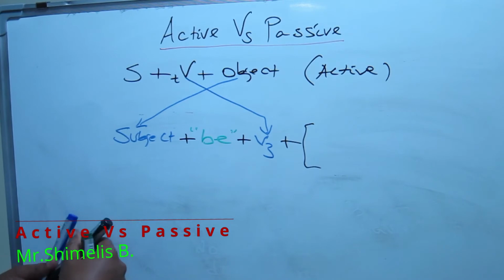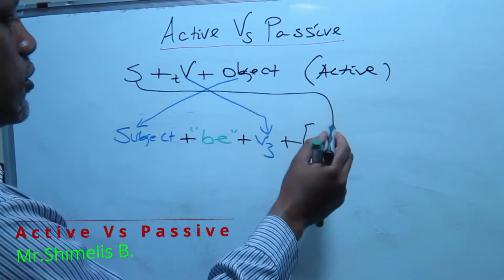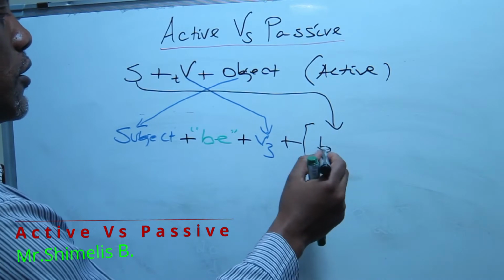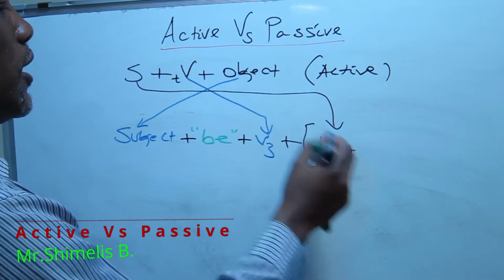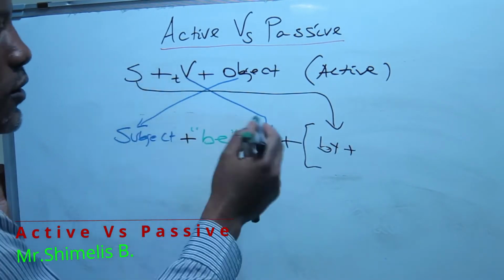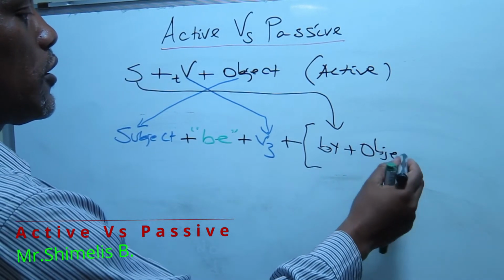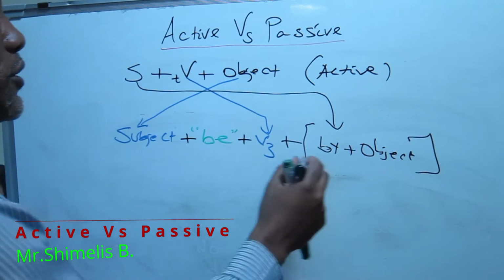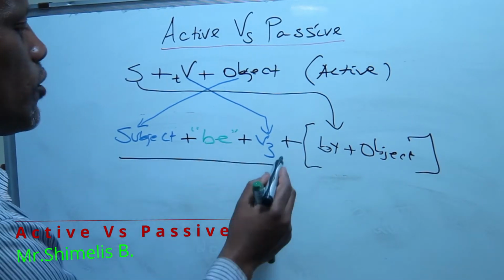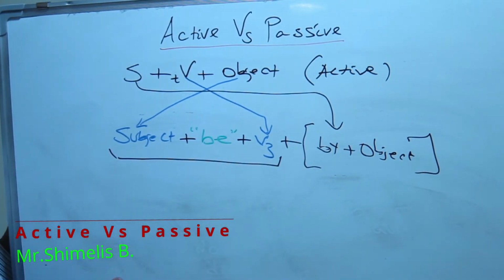We bring up the doer using the preposition by, and we change the subject form to object form.